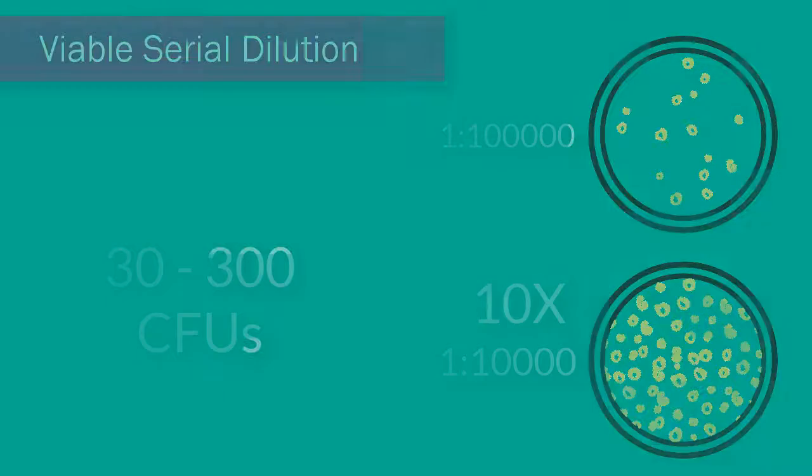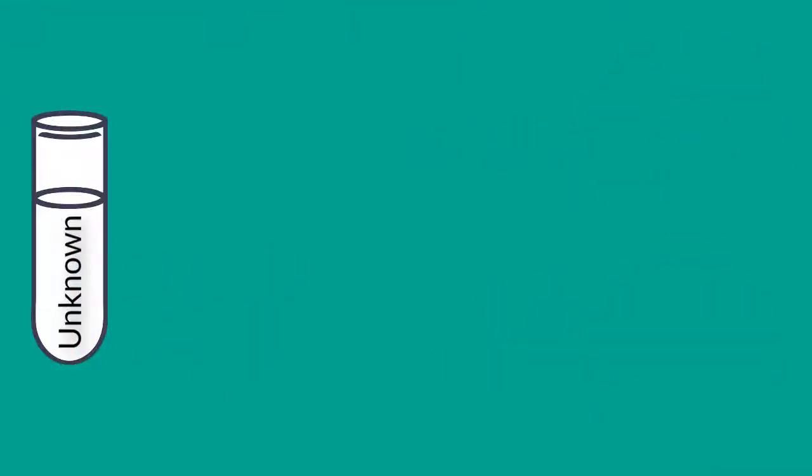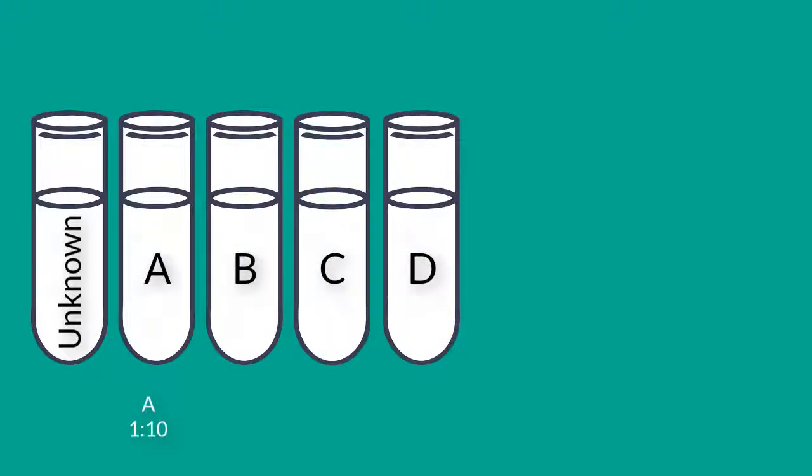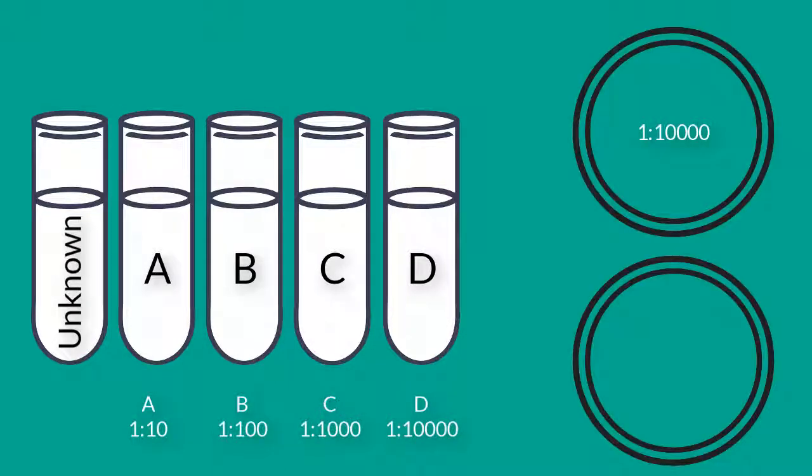Now let's get to the math. So as we stated before, we have our undiluted sample and we have our 4 tubes. Tube A is 1 to 10, 1 to 100 is tube B, 1 to 1,000 tube C, 1 to 10,000 is tube D, and we have our 2 plates, our 1 in 10,000 plate and our 1 in 100,000 plate. So again, keep in mind the volumes that we're working with here are 4.5 milliliters in each tube.